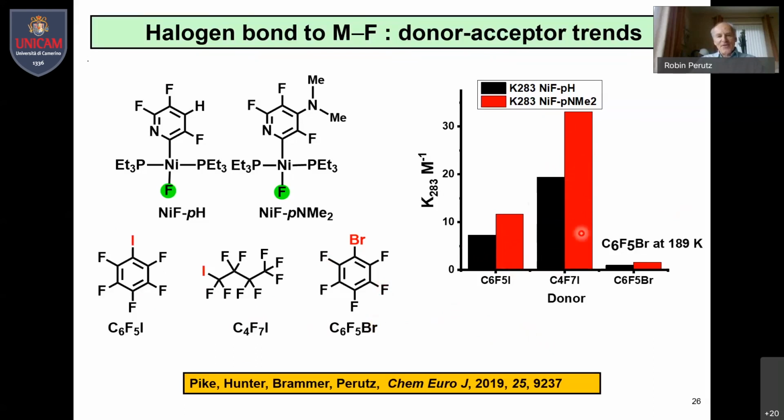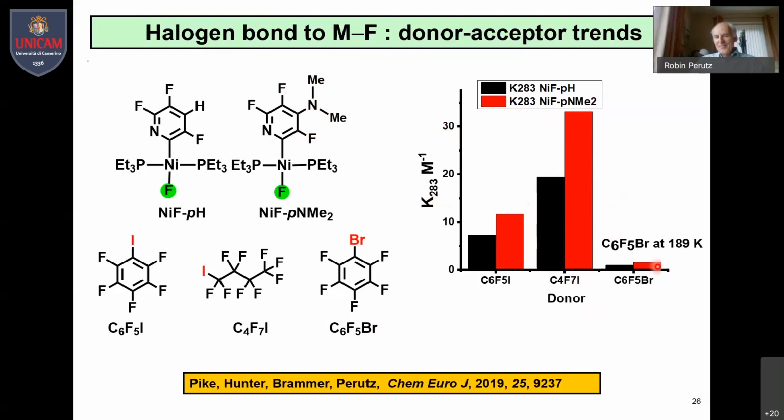What we've also done is put a dimethylamino donor onto this pyridyl ring, and that helps the interaction quite a lot, as you can see. That's the red set, considerably stronger, so that now the equilibrium constant, this is at 283 Kelvin, is about 33.